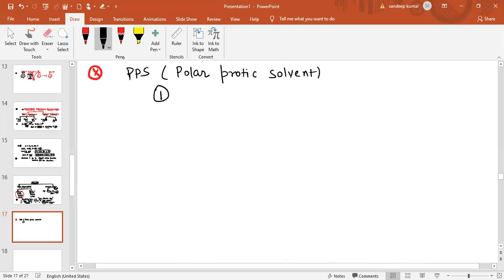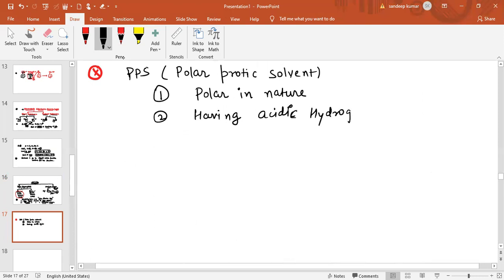First of all, polar protic solvents are polar in nature, and also these solvents have acidic hydrogen. Also, in polar protic solvents there are chances of hydrogen bonding; hydrogen bonding is possible.